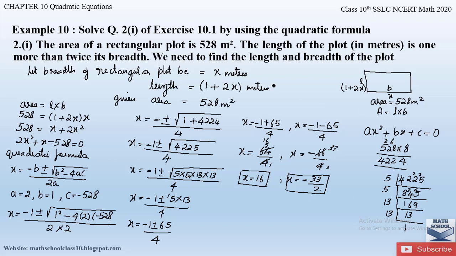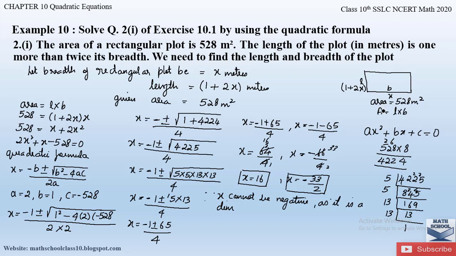But here we have assumed x to be the breadth of a rectangular plot. Since x cannot be negative, x is a dimension, right? So x cannot be negative. So the breadth of the plot, we are going to take the positive value, that is 16 meters. Therefore let us write down, since x cannot be negative as it is a dimension. Dimension is nothing but a measuring quantity.